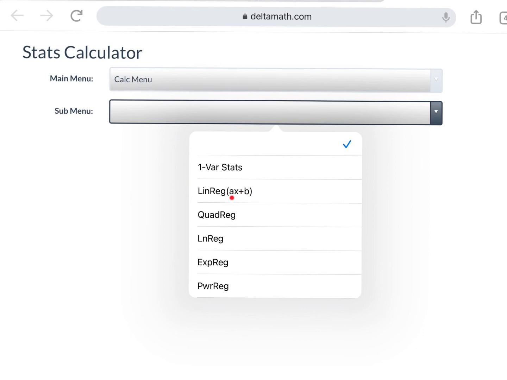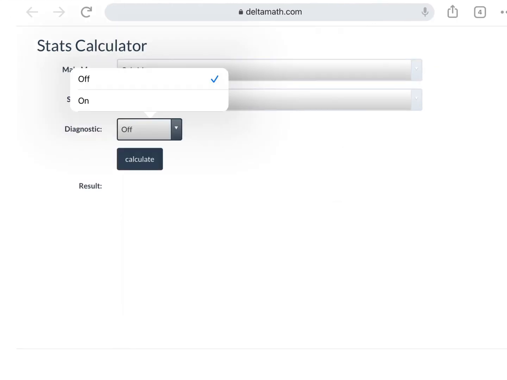We want the one that says ax plus b, much like mx plus b. So we're going to select that one. We do want to turn our diagnostic on. This is something you would also have to do in your graphing calculator, and this is under the settings. Again, we'll go through all that, and I'll show you how to do that on the graphing calculator.